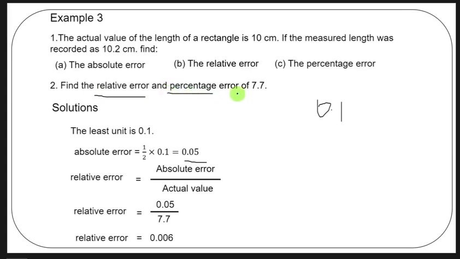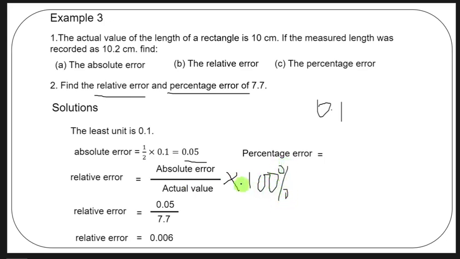Now we can deal with this part here. The percentage error is found by just multiplying the relative value by 100%.